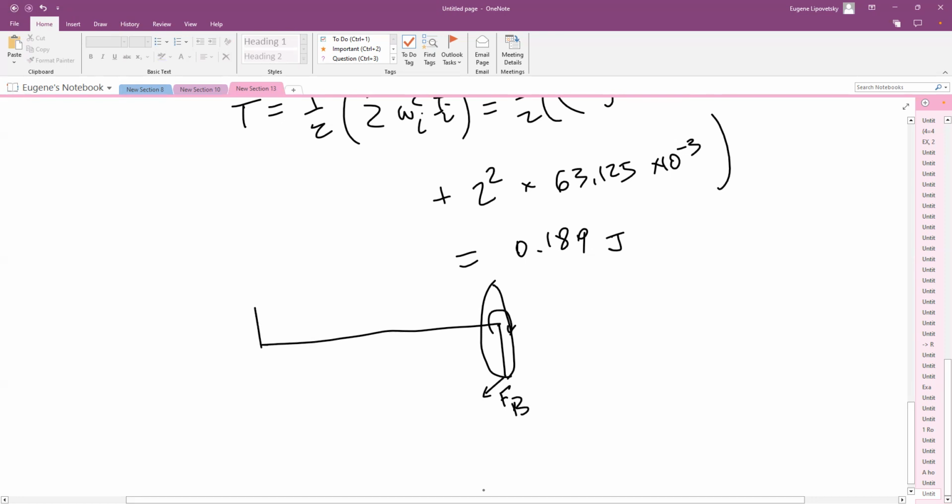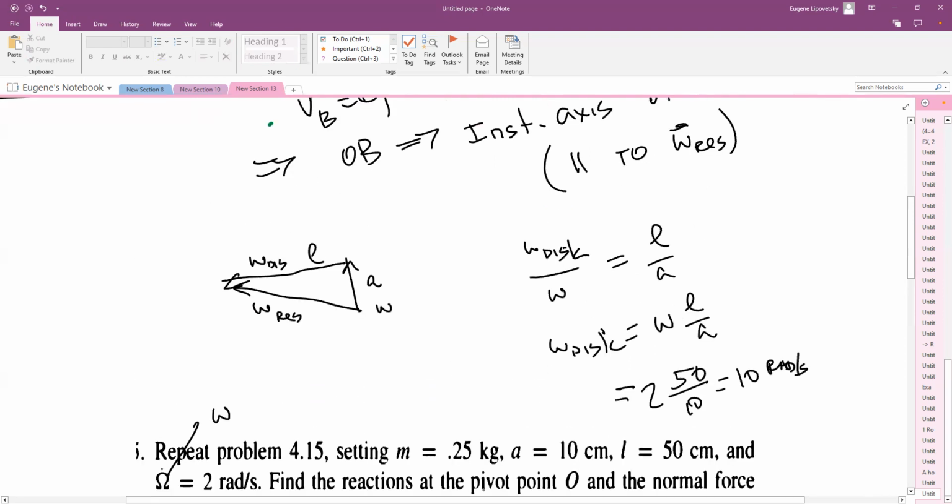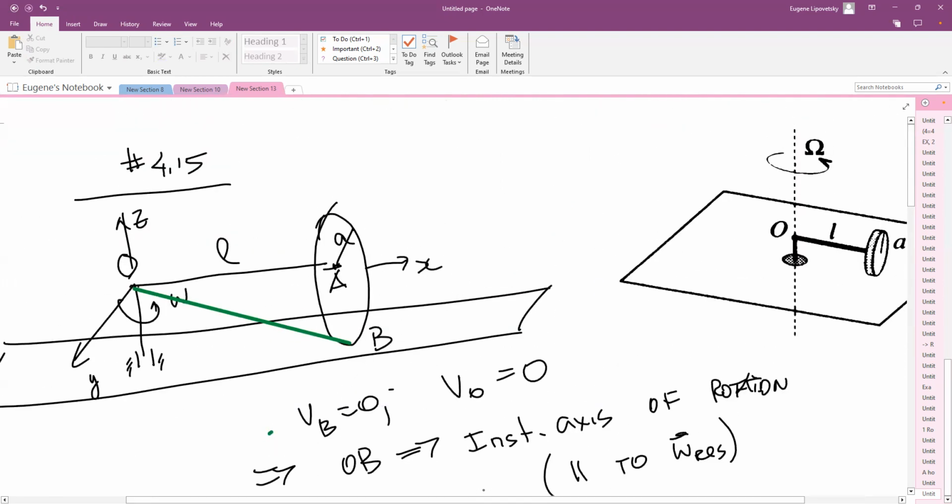And we have three components of the force here. It's going to be F of Z. Let's see, what are the components of there?